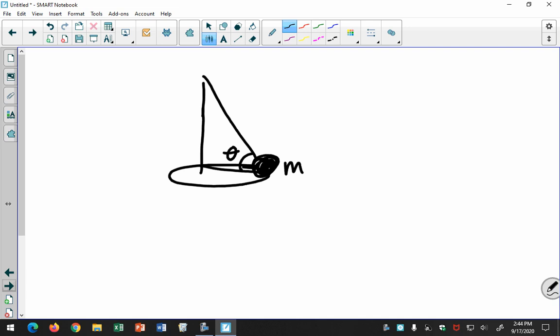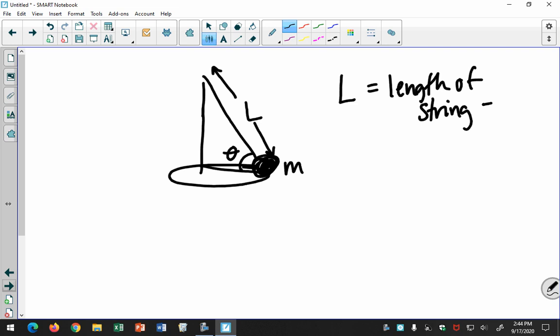You're also going to need to know this angle, theta. In order to know that, you can measure the length of the string that's attached to the ball. So notice when you get to your data sheet, this L is going to be the length of the string plus the radius of the ball.